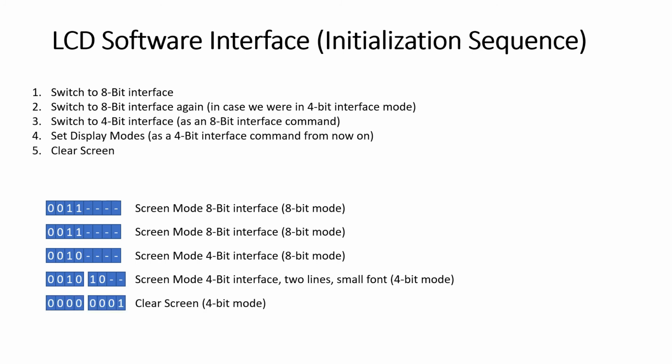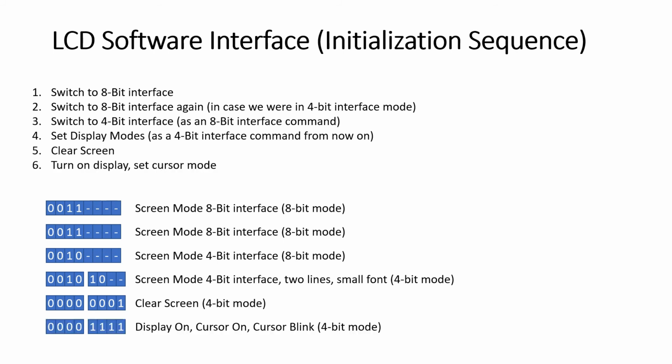Then you clear the screen so that you are certain which characters are on the screen at the beginning, and then you turn on the display, so make all the things on the display visible and set the cursor mode to say cursor on and cursor blink.